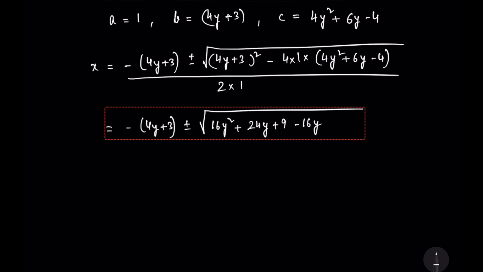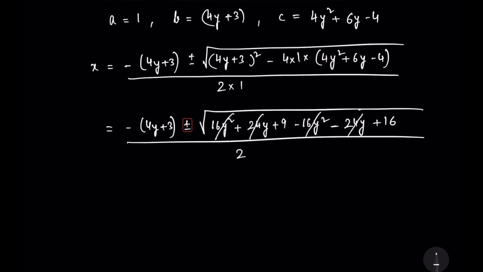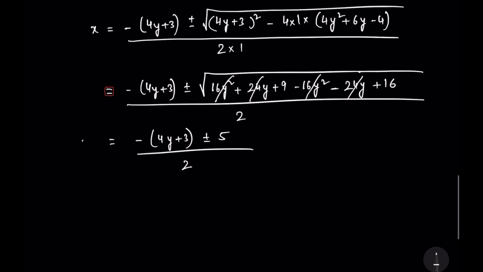Minus 4 into 16y square, minus 24y plus 16, divided by 2. 16y square cancels, 24y cancels. What we get inside is 16 plus 9, which is 25. So we have minus 4y plus 3 plus minus 5 divided by 2, students. That's the value of x.